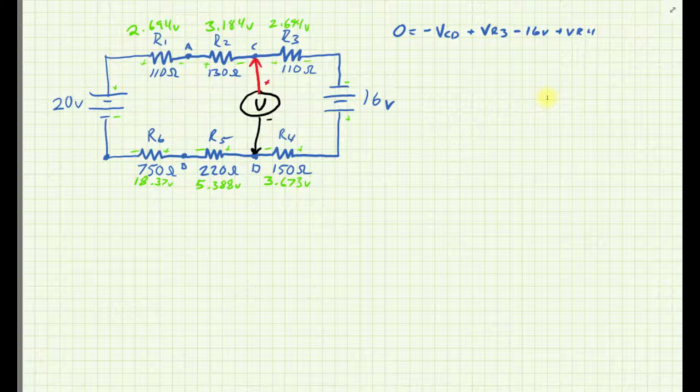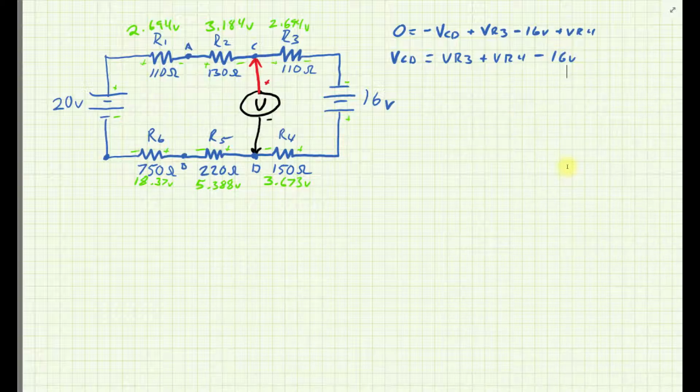All right, so the unknown that I'm solving for is VCD, so I'll just solve for that right now. That becomes somewhat easy: I could just add VCD to both sides, so VCD equals VR3 plus VR4 minus 16 volts.